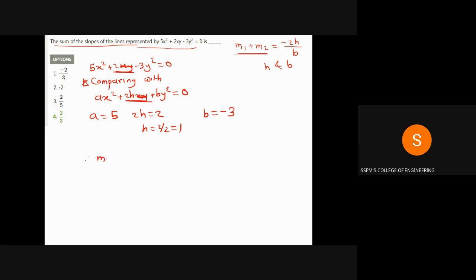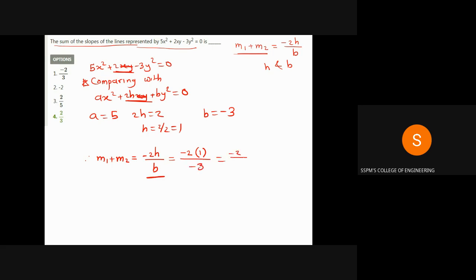Therefore, m1 plus m2 is equal to minus 2h divided by b. This is the formula for sum of slopes. So minus 2 into h is equal to 1, divided by b is equal to minus 3.